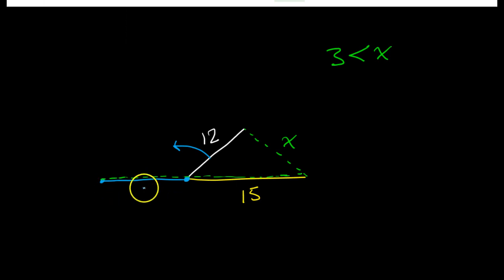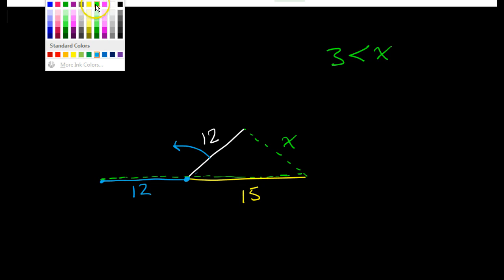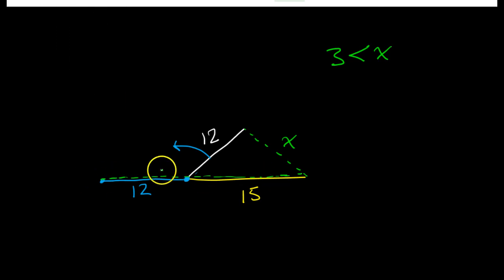But remember, this is length 12, because it's this side rotated. So if this is 12 and this is 15, that's going to be 27. So in this position, the rubber band has a length of 27. So that is the upper bound for the length of this side.